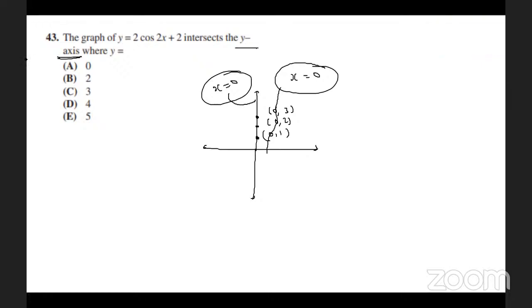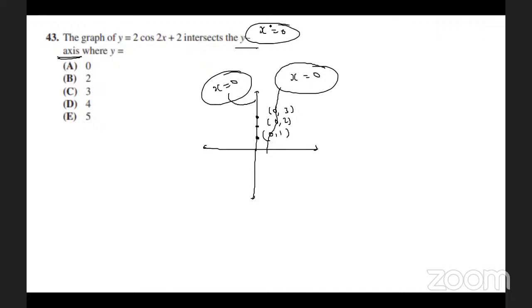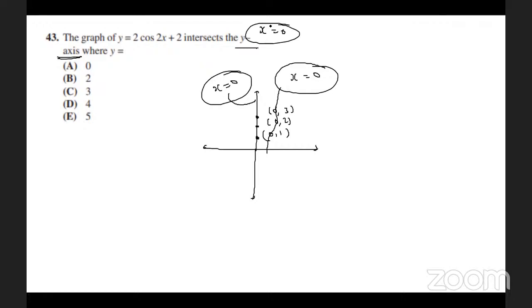Remember like this: y-axis means x equals 0, and x-axis means y equals 0. Here it is the y-axis, so x equals 0.